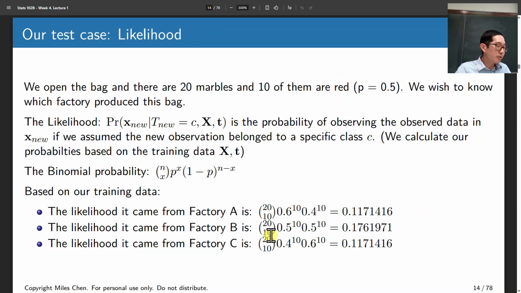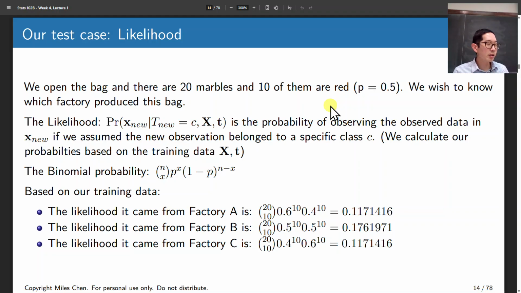Okay, so we take our test bag and we open it up and we look at what's inside the test bag. And when we do this, there's 20 marbles and 10 of them are red. So in our test bag, it's 50% red, okay? And so based on what we see in this bag, we want to try to guess which factory it came from.